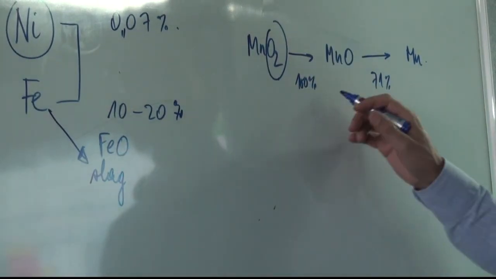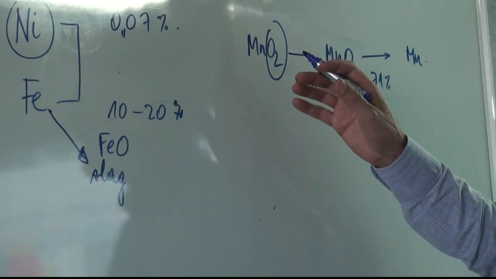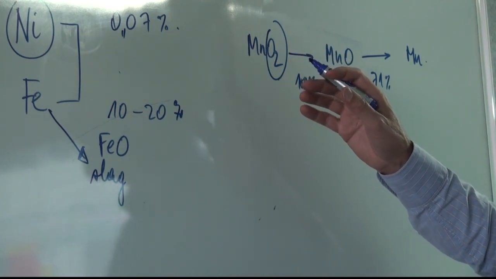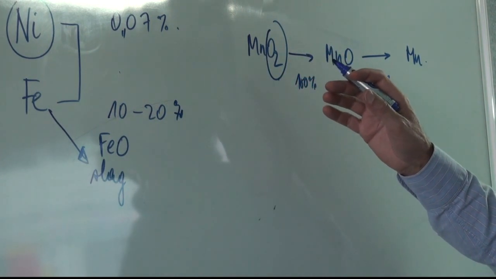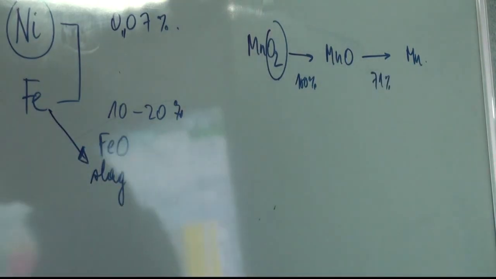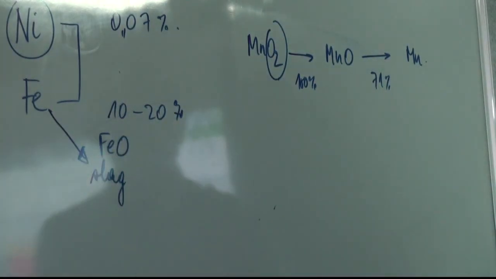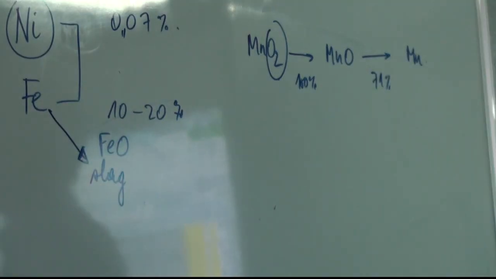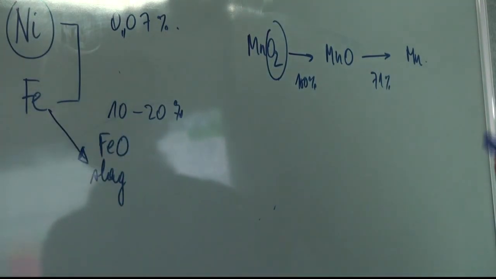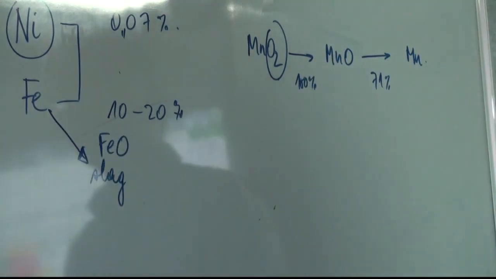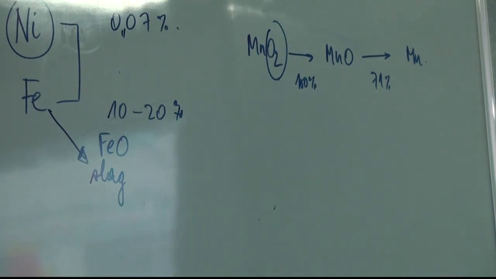It's only half of the oxygen removed. You understand? When MnO2 is reduced to MnO, only half of the oxygen, not 100% of oxygen. The MnO2 is 100% reduced to MnO, but oxygen is only half removed. You understand?